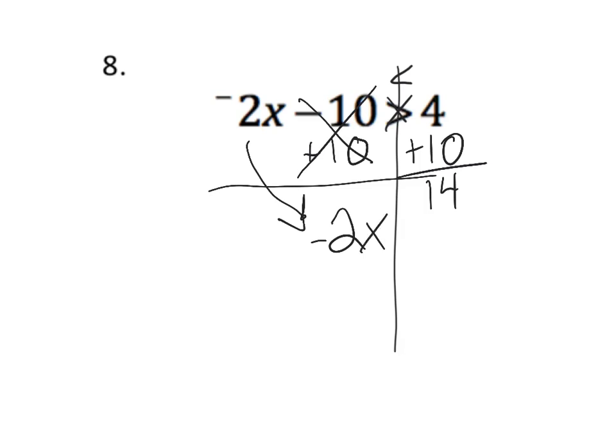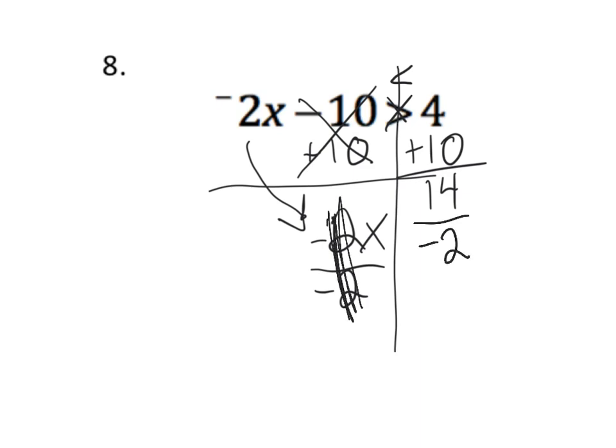Now we have to divide. We're going to divide by negative 2. I saw a lot of people mess this up on their 10.1s. Negatives have to stay. We can't divide negative 2 by positive 2. You have to divide by the exact same number. So since we divide by negative 2 on that side, we divide by negative 2 on this side.